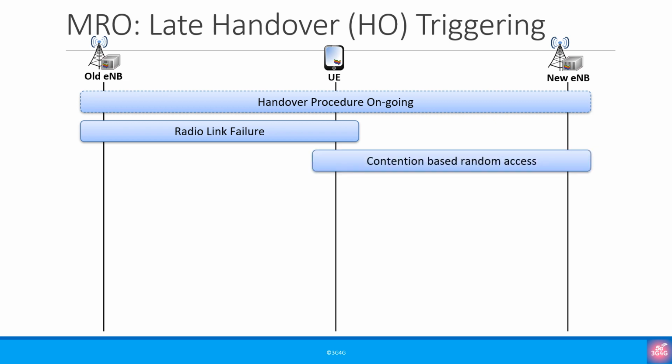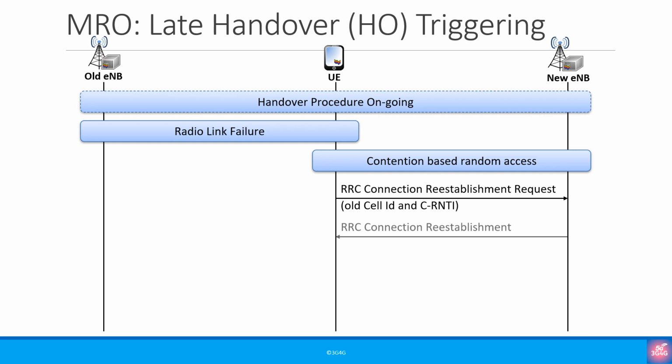In the meantime, the UE has already started a contention based random access procedure with the new eNode B. Once the random access procedure is successful, the UE will send the RRC connection re-establishment request message with old cell ID and CRNTI. The eNode B would then send the RRC re-establishment message with all the necessary information about the channel establishment, etc.